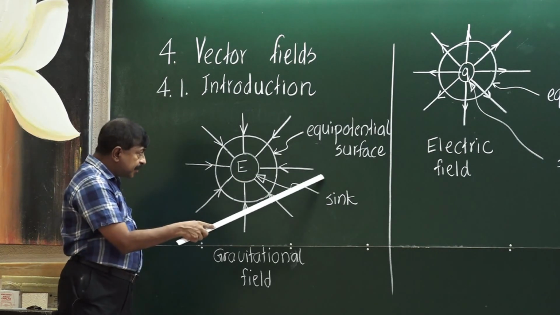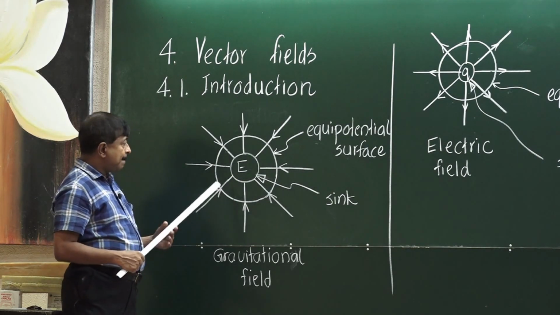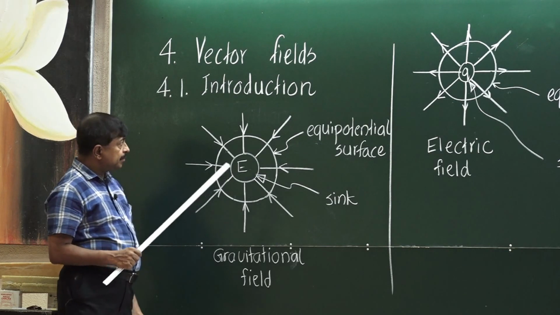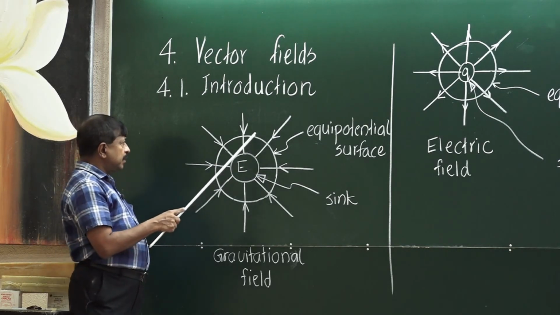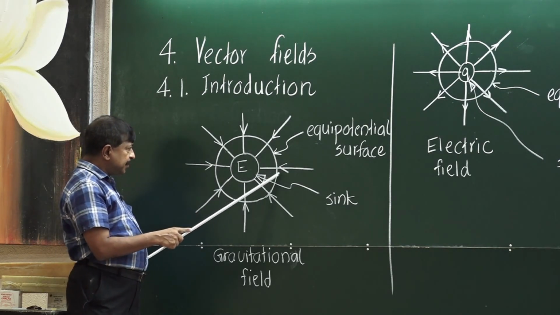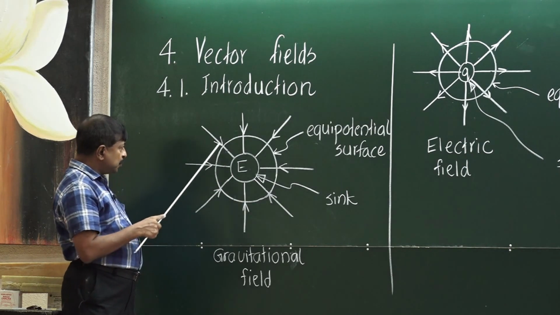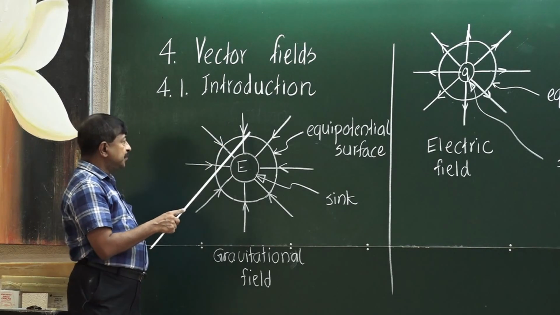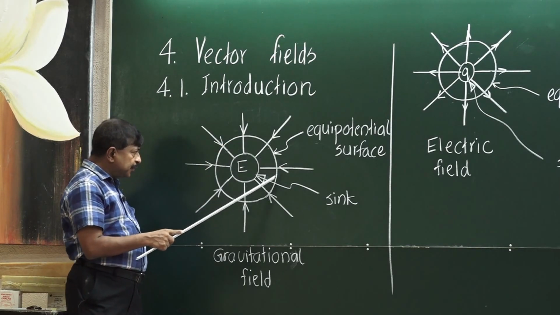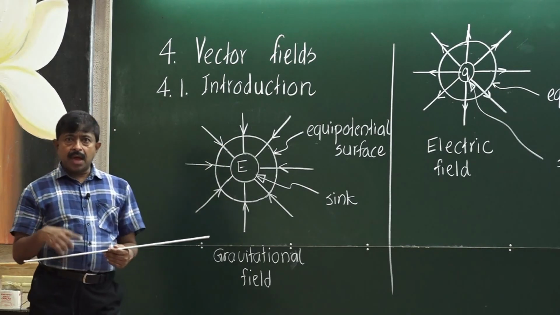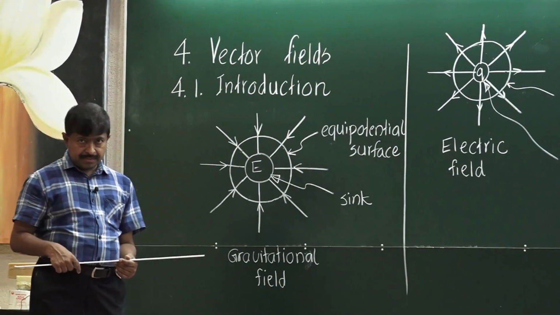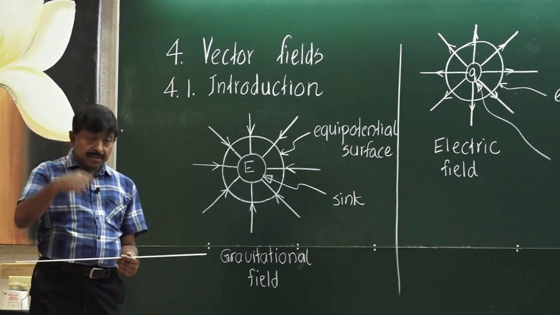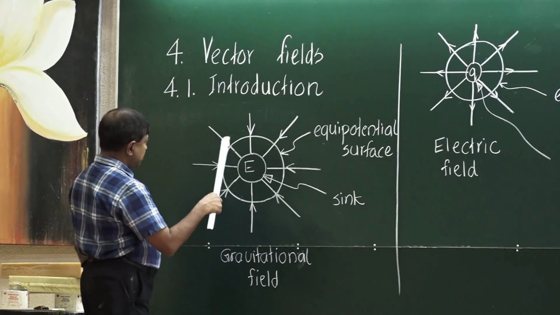It attracts the other masses towards the center, and we know that if you take any point on this surface, because this is 3D, all the points on this surface have the same potential level. If you take mgh, you have the same h.